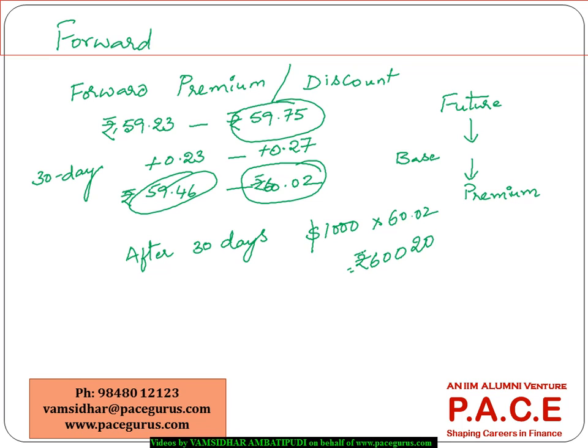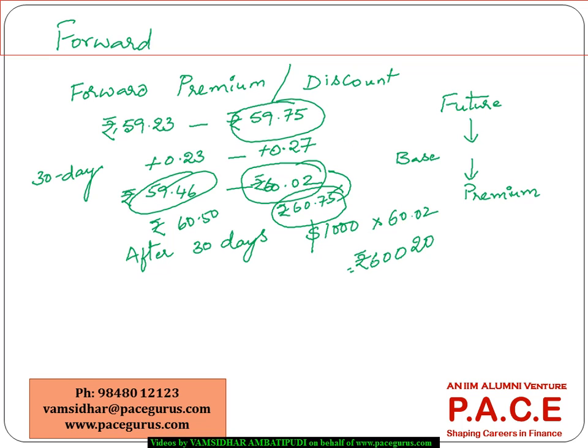But assume that after 1 month, the spot rates have gone up. Assume that after 1 month the spot rates have gone up to 60.5 to 60.75. Then probably if I had to buy it at this point, it would have costed me very heavily.